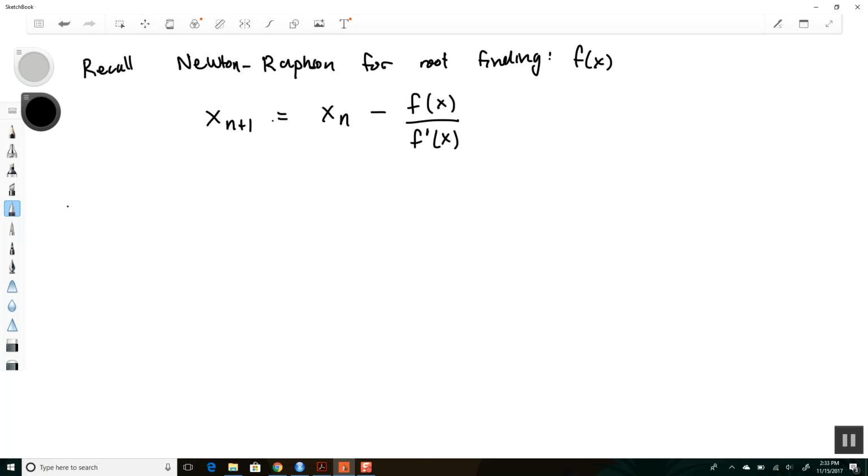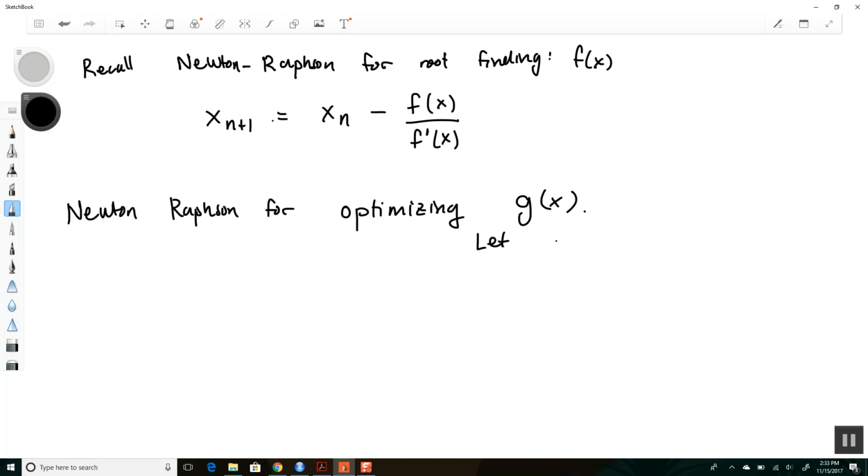So let's do Newton-Raphson for optimizing g of x. We'll say let g prime of x equal f of x.